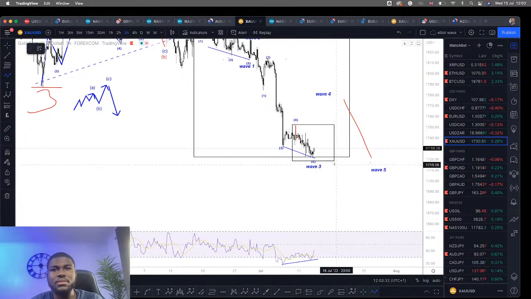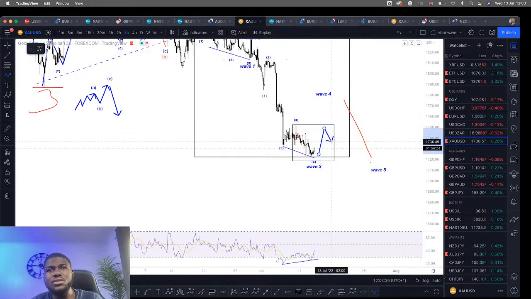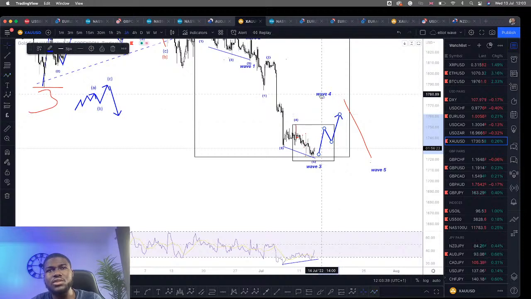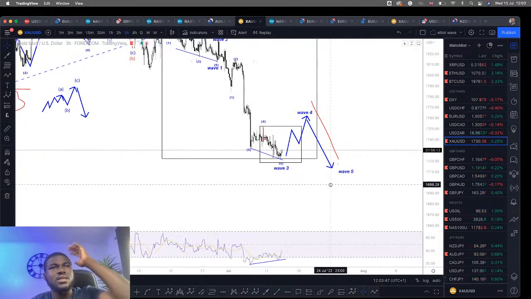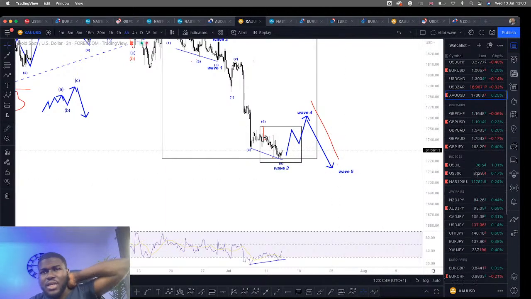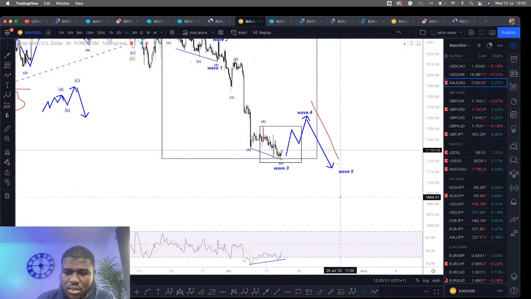I know that, but I'm not picking it actually, because gold can do and undo. So I'm going to say minimum correction with wave 4, and then there's still going to be another fall to the downside, so I can be a part of that sell trade. But for now, I won't want to just go and catch a falling knife. So let me leave that for now.